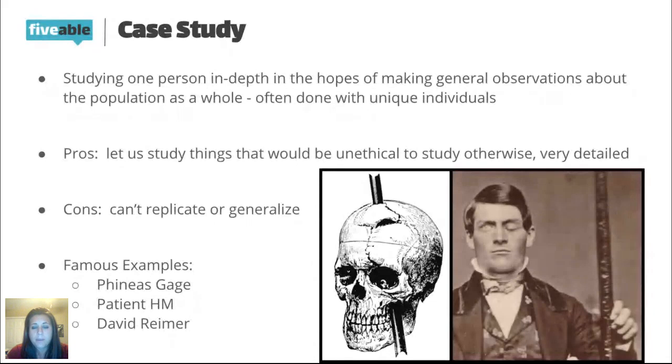And what ended up happening was they went in, there were two boys, they went in for a routine circumcision, and there was an accident, and part of David's penis was actually cut off. And so he was a baby, right? So he didn't really know anything except that it probably was painful. And so his parents had to make a decision about what to do with David. And so they decided to fully remove the penis and raise him as a girl.